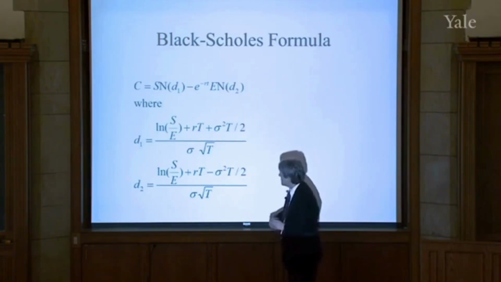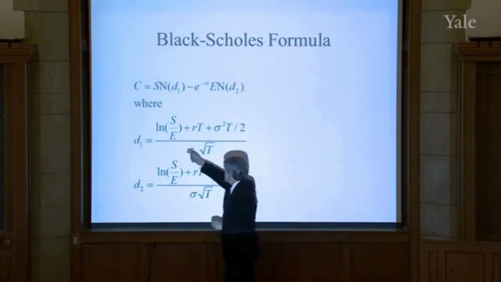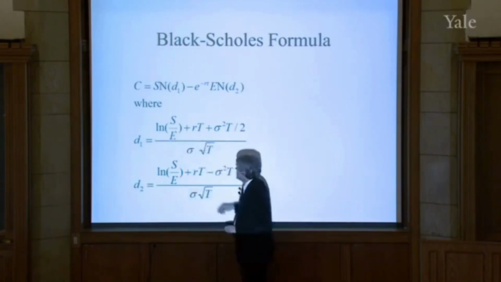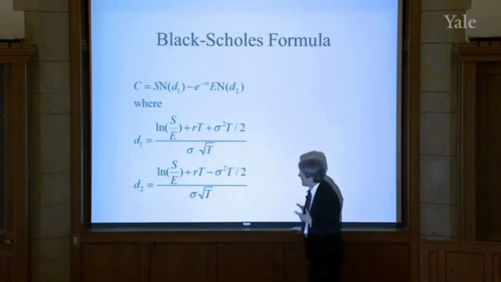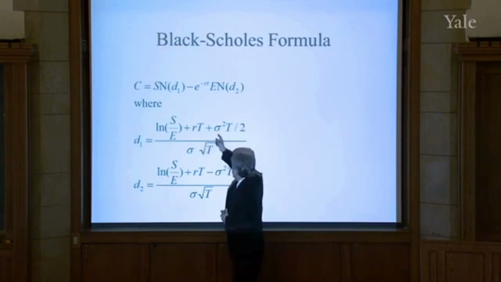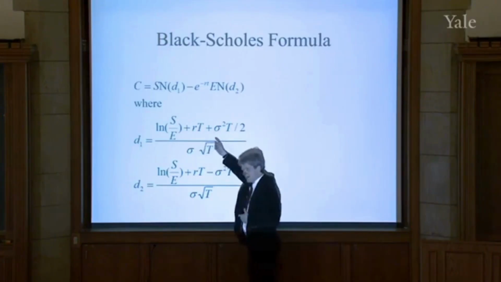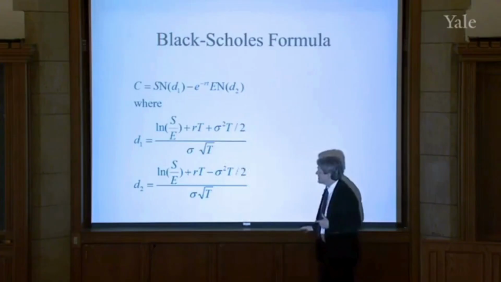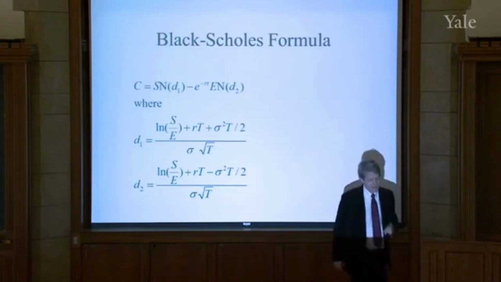I have to know what the stock price is, that's S, and I have to know what the exercise price is, and what the time to maturity is. These are all specified in the contract. I have to know what the interest rate is. And if I also have some idea of the standard deviation of the change in the stock price, then I can get an option price.